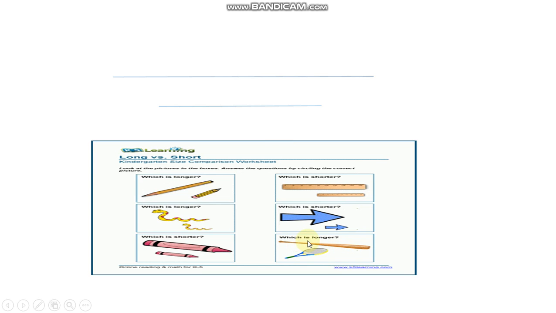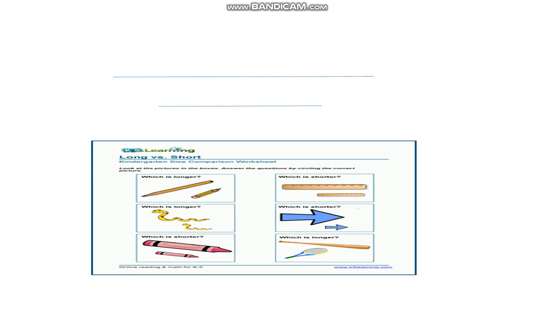Here is a long baseball stick and a small baseball stick. Here is a big snake and here is a short one. For the big one we say long, and for the small one we say short.